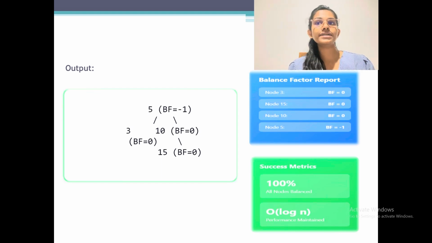When an insertion causes a node's balance factor to reach 2 or -2, we apply one of the 4 rotation patterns to restore balance: right rotation for left-left cases, left rotation for right-right cases, and double rotations for left-right and right-left cases. The key takeaway is that AVL trees automatically maintain efficiency through these local restructuring operations. While they require more overhead than simple binary search trees, this cost is worth it for the guaranteed performance they provide.